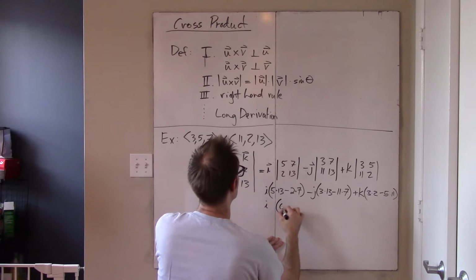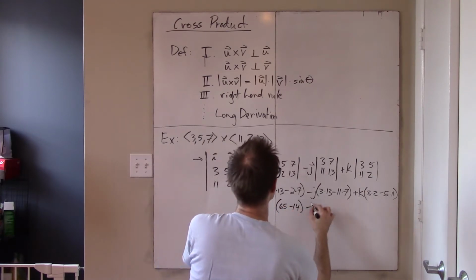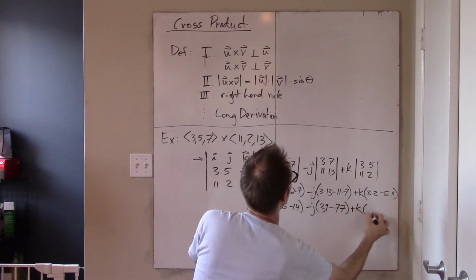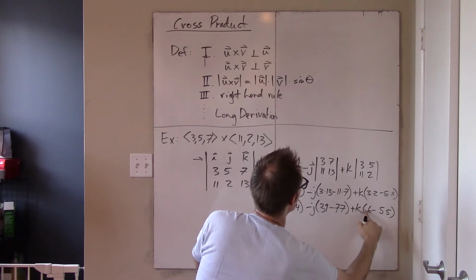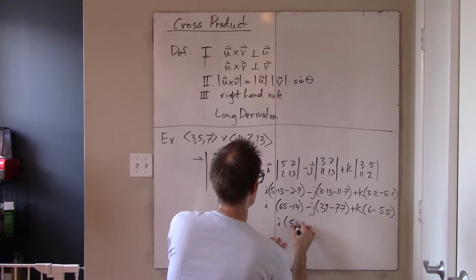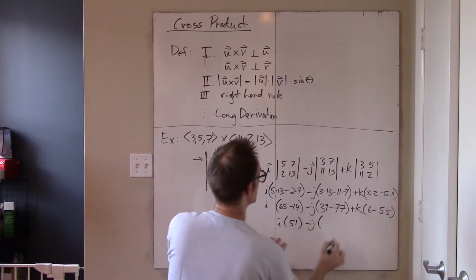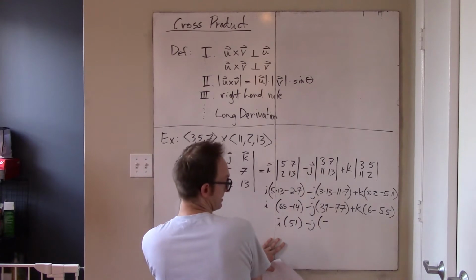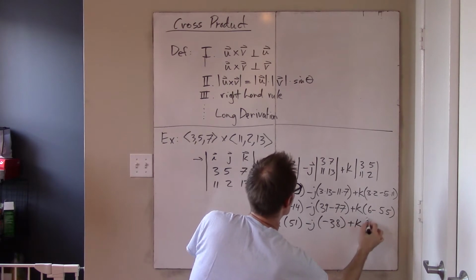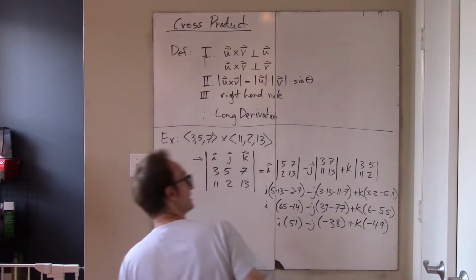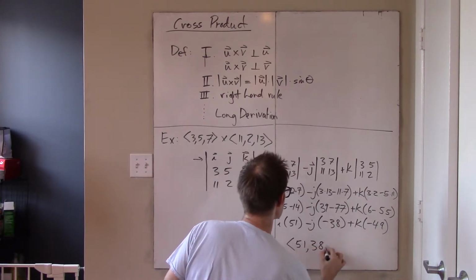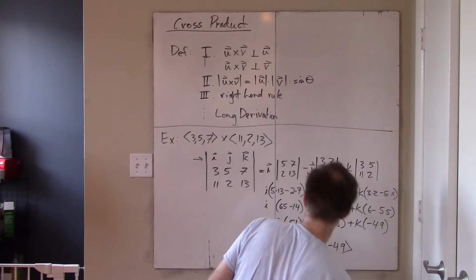What do I get? 65 minus 14, 39 minus 77, 6 minus 55. So, what is this? 51 minus, and that's negative something, 38, I guess. And negative 49.